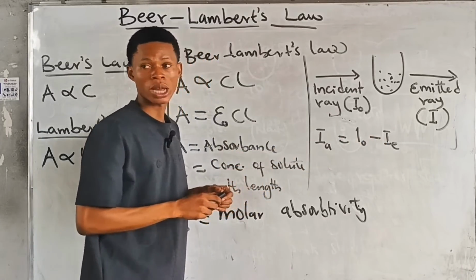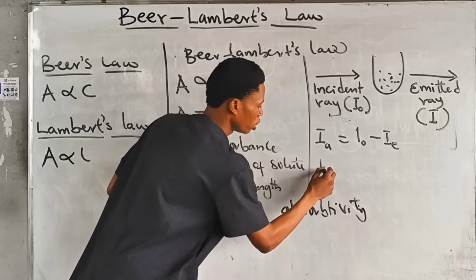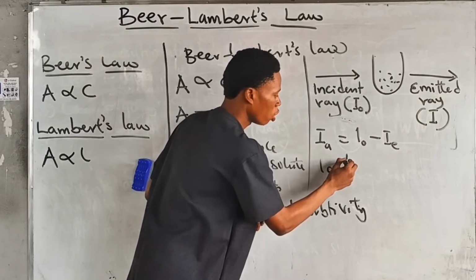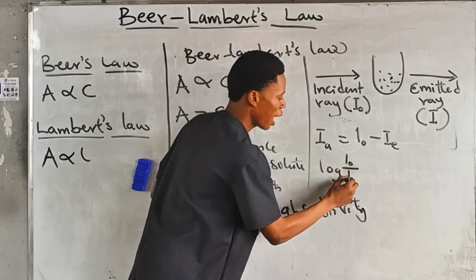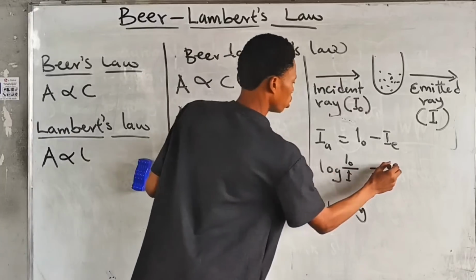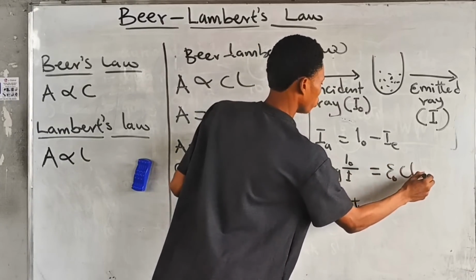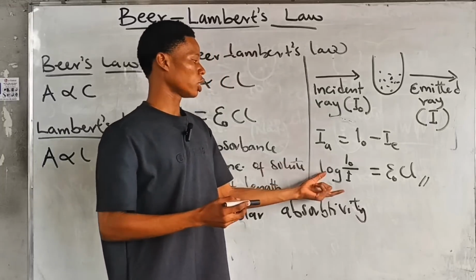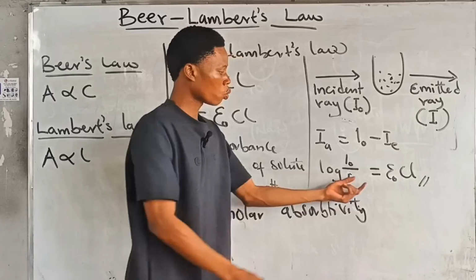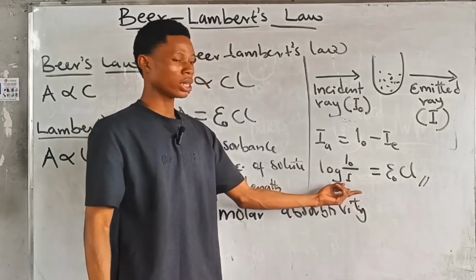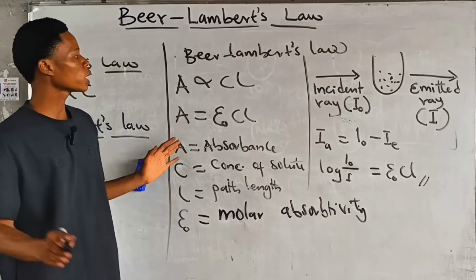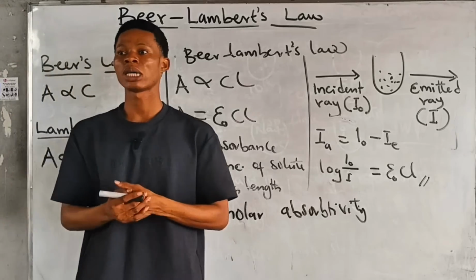If we want to write it in logarithm form, minus will be division, so log I naught over I, where I is the emitted ray, is equal to epsilon CL. If you see this formula, it is the same thing, because this is absorbance is equal to this. So if you can use this one, you can use this one also. They are talking about the same thing. So basically, this is the Beer-Lambert's law.